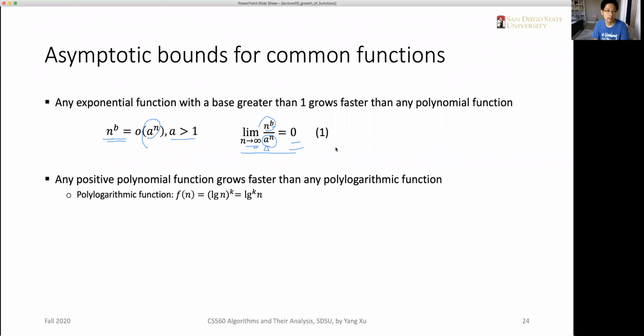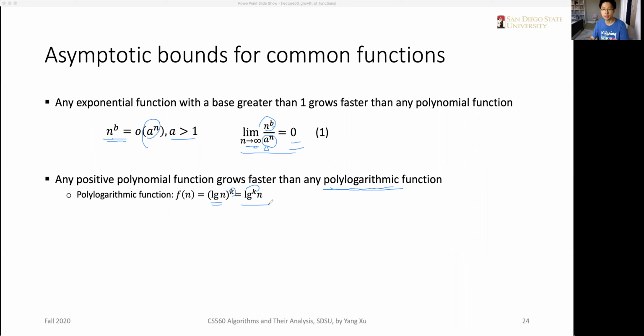Based on this relationship, we can infer that any positive polynomial function grows faster than any polylogarithmic function. The polylogarithmic function is the logarithm function raised to the power of some constant k.